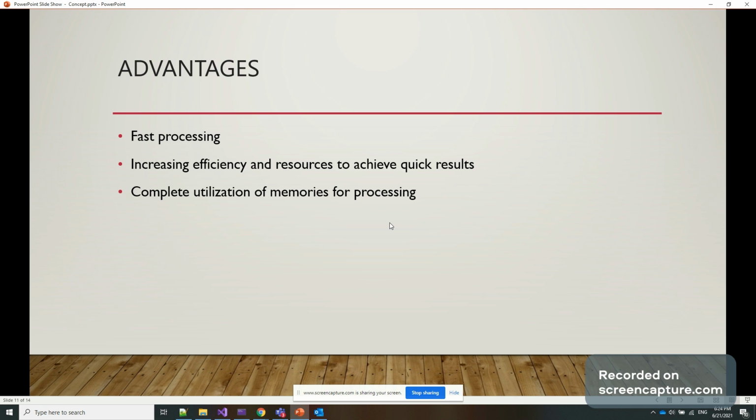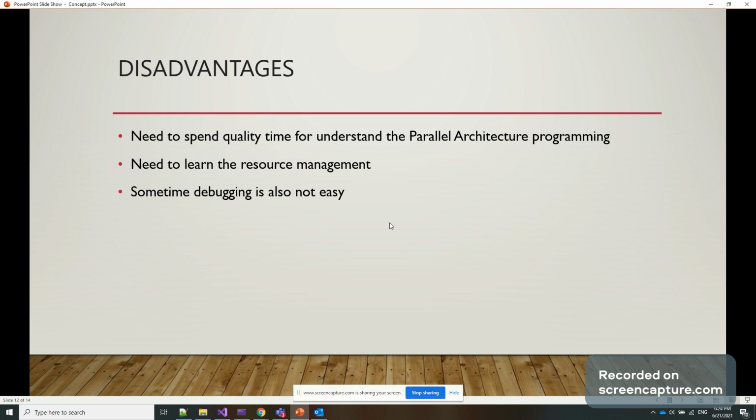What I mentioned is core-wise, like 4 core, 6 core, 8 core, so based on our requirement we can utilize the resources using parallel programming. And after that, there is resource management, which I already covered: based on our need, we can manage the resources.